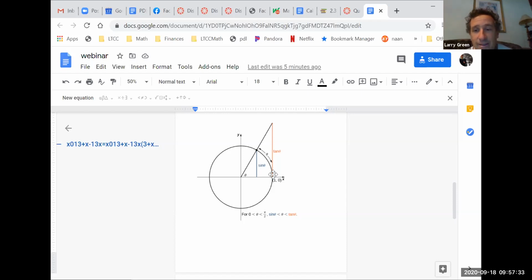And I am going to assume that you're okay with believing me that the area of the sector is theta over 2. So clearly this big triangle area is bigger than the sector area. So theta over 2 has to be smaller than tangent of theta over 2, or theta is smaller than tangent theta.